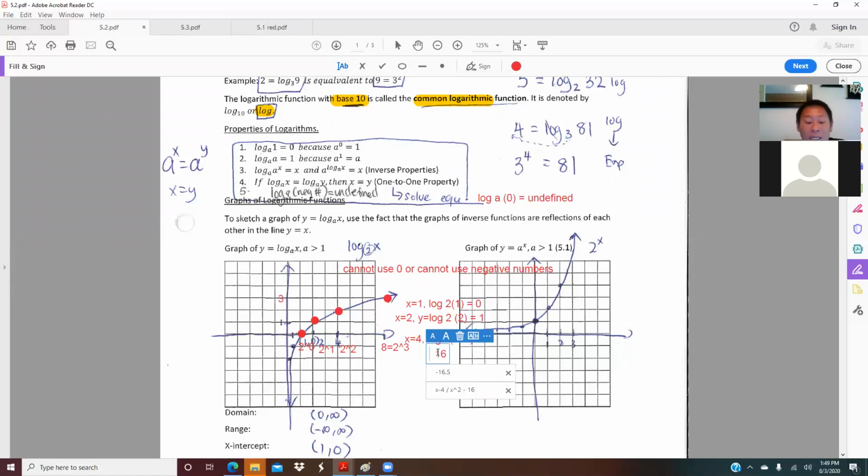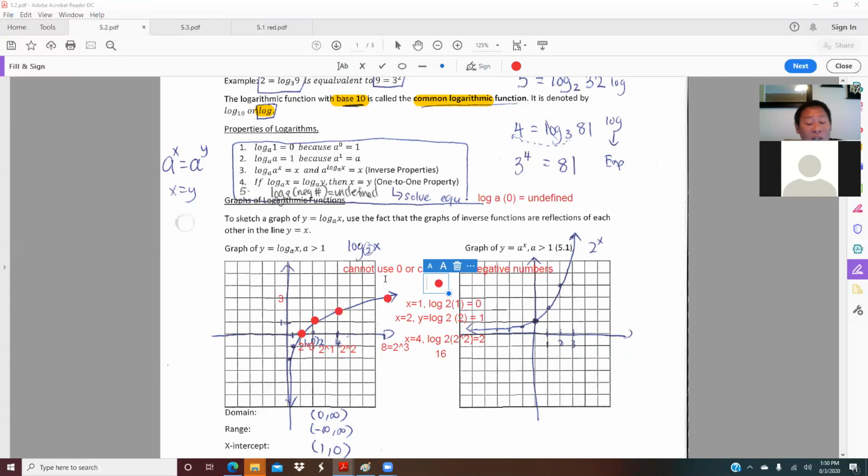So at 16, you will get 4 in here. And then this one, you get 1/2, 1/4, 1/8, 1/16. So your answer here is getting closer and closer to 0. So you won't touch 0 at all.